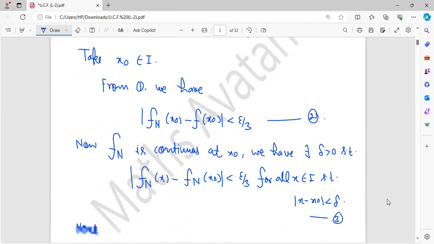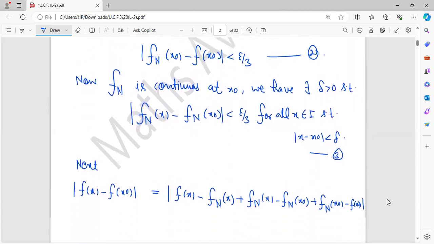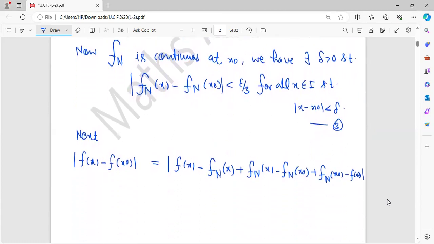Now I am starting with |F(x) - F(x naught)| because I want to show F is continuous. I will subtract and add Fn(x), and I will subtract and add Fn(x naught), and the other terms remain as they are. So after solving it, we get |F(x) - F(x naught)|.